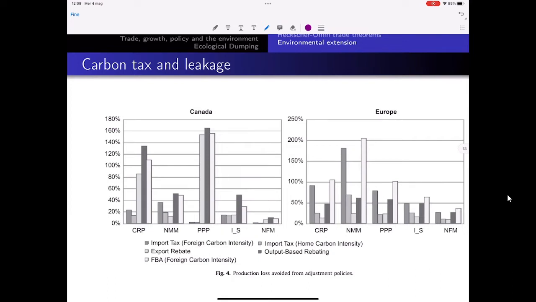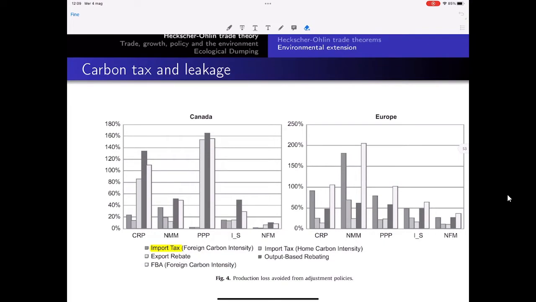As I said yesterday wrongly, it's correct for Europe. You see the import tax in Europe, which is the first column here, works quite fine in avoiding production losses. It's the simplest thing to implement.